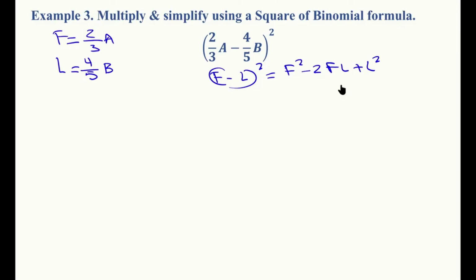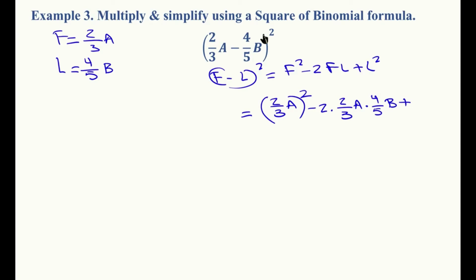So here we have this rule that we're going to be applying, and we're going to end up with f squared. We know f is 2/3 a, so we're going to be squaring 2/3 a. Make sure you parenthesize the whole thing, and then minus 2 times f, which we know is 2/3 a, times l, which we know is 4/5 b, and then plus l squared.